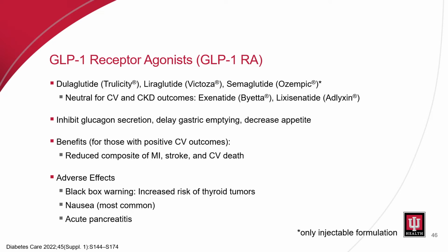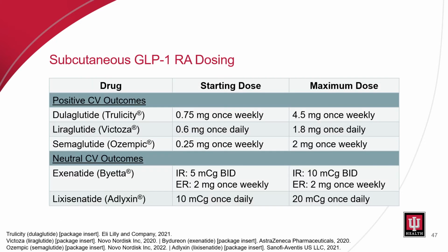Mostly all of these are administered subcutaneously, so similar to an insulin injection, other than the semaglutide, which has both a subcutaneous and oral formulation. This table shows the subcutaneous GLP-1 receptor agonist dosing, and I did break it into those with positive cardiovascular outcomes versus the neutral cardiovascular outcomes, just to direct you a little bit more.